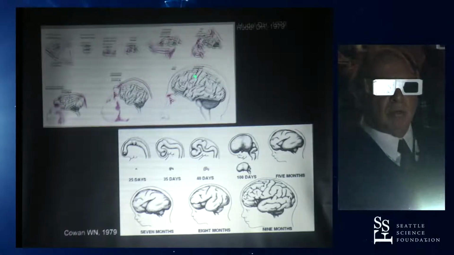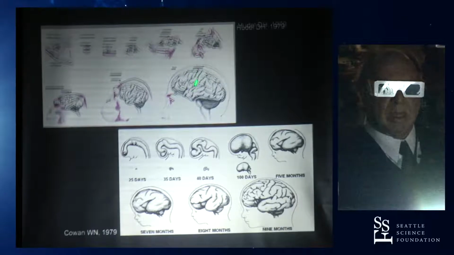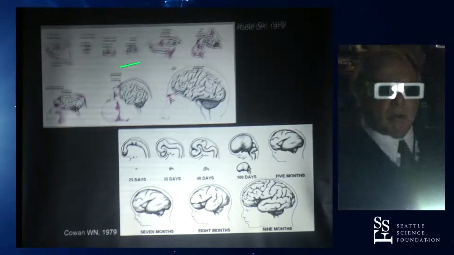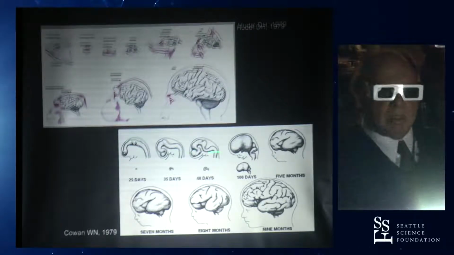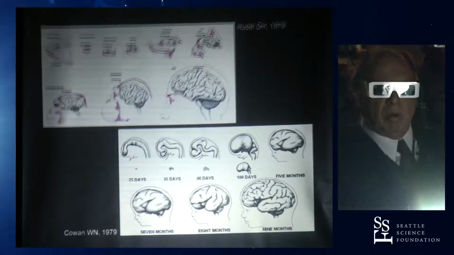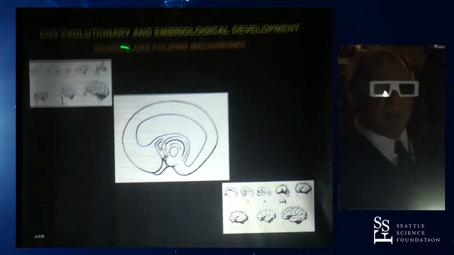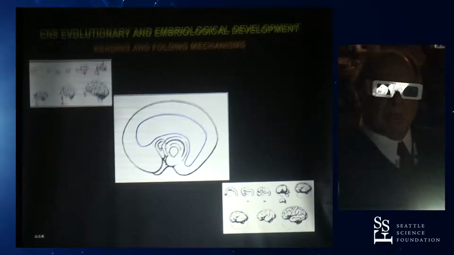And then, in order to develop a bigger surface, it went through an infolding process, again towards the center. These main steps of millions and millions of years of evolution are repeated in our embryological development, as you know. So these bending and folding mechanisms are very important for us to understand the shape of the brain.